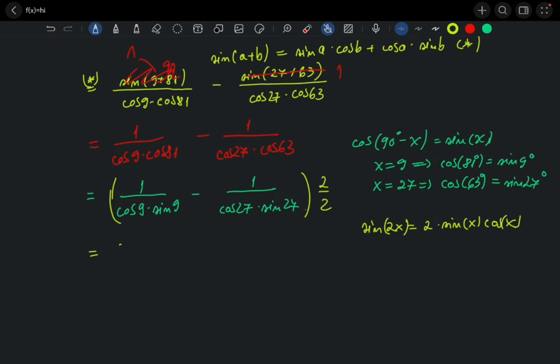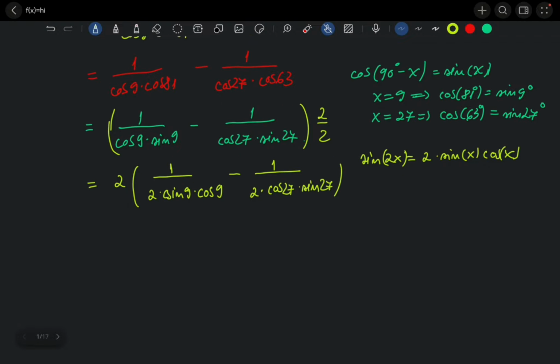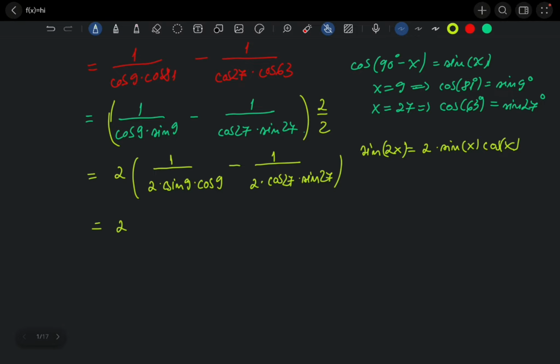And we'll get 2 all over 1 over 2 times sine of 9 times cosine of 9 minus 1 over 2 times cos of 27 times sine of 27, which will be equal to 2 all over 1 over sine of 18, which is 2 times 9, minus 1 over sine of 54, which is 2 times 27.